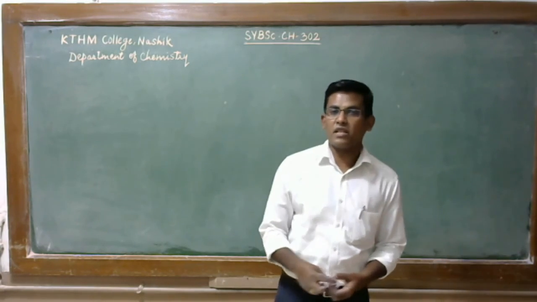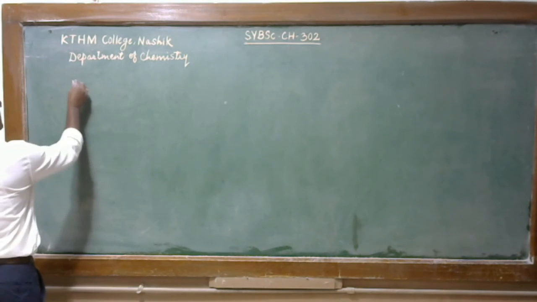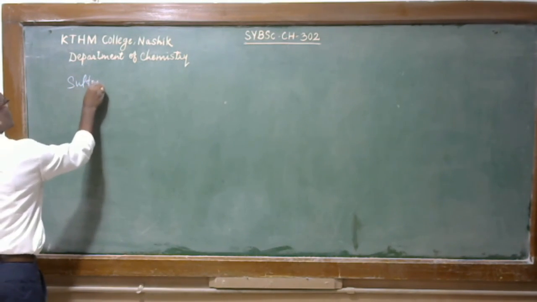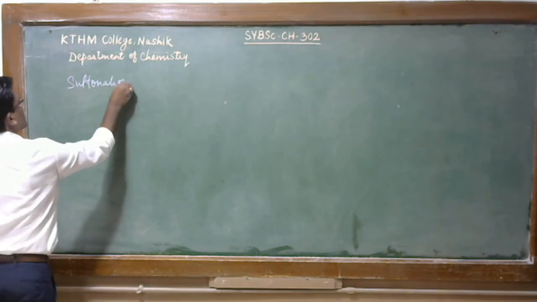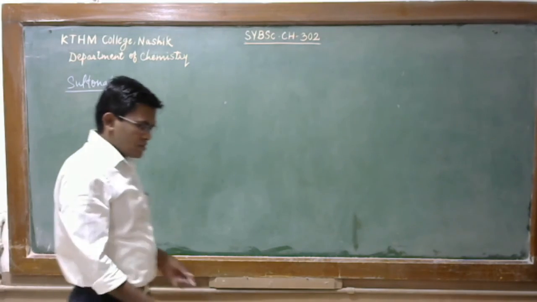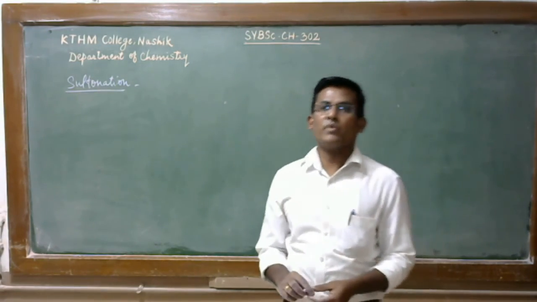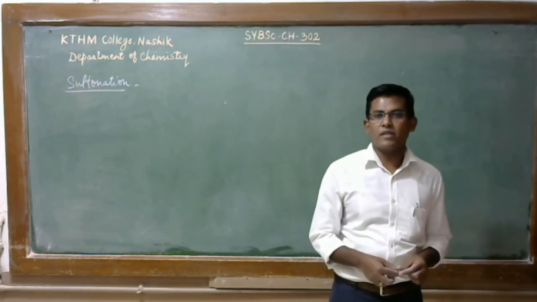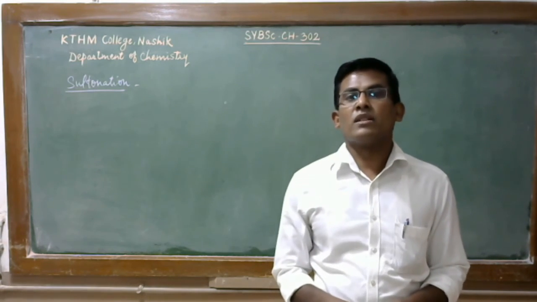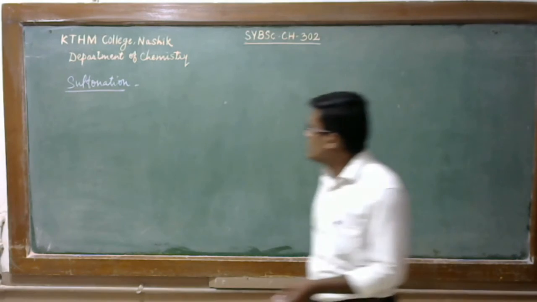Next reaction is sulfonation. So when benzene is reacted with fuming sulfuric acid, that is oleum, a mixture of sulfuric acid and sulfur trioxide, it gives benzene sulfonic acid.